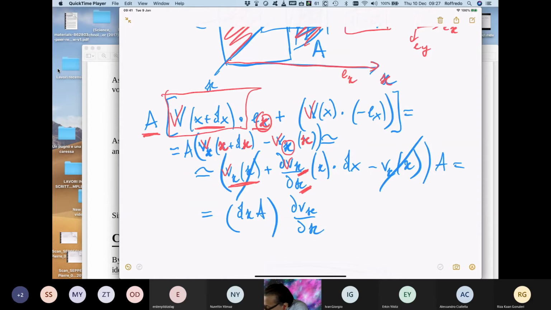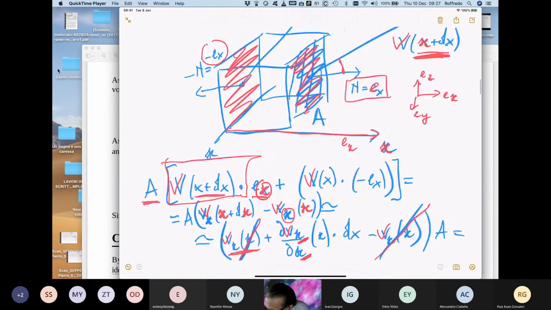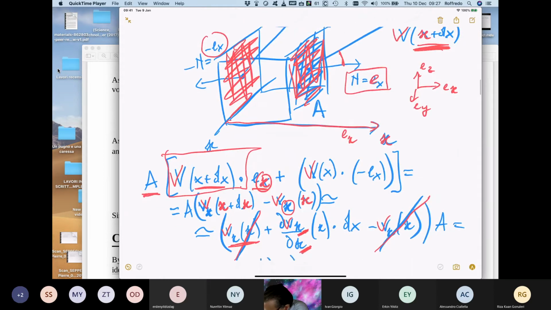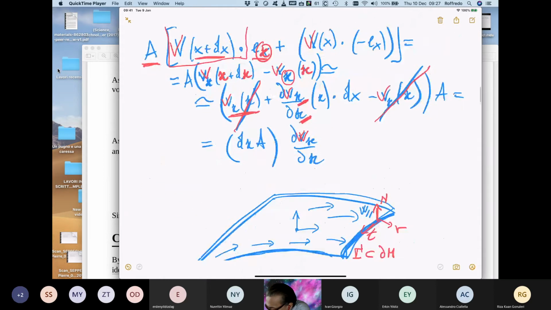So this simplifies with that. Okay. And at the end of the story, we have that the flux through these two faces of our cube is the volume of the cube times this partial derivative.